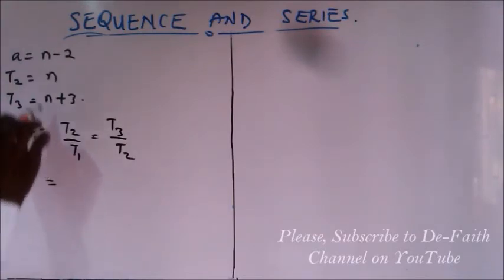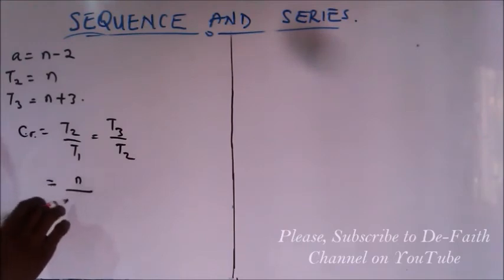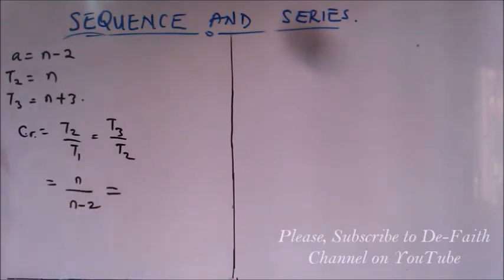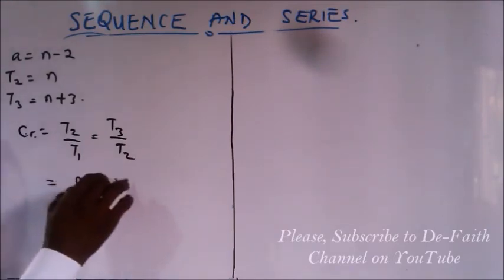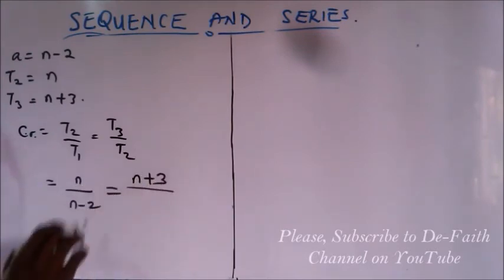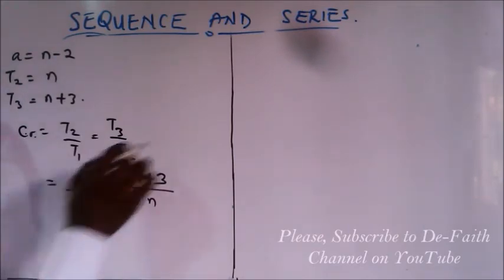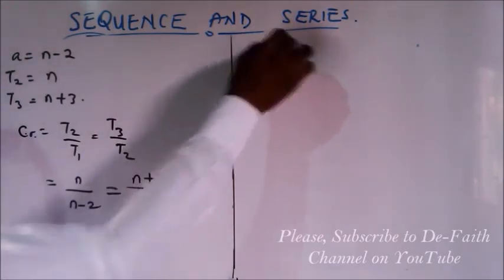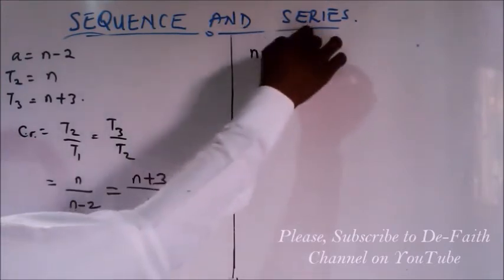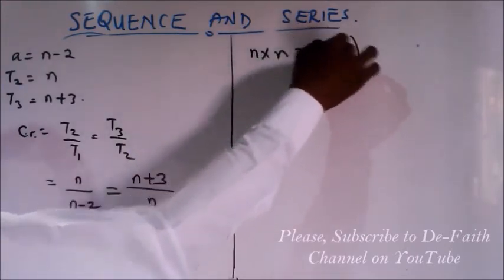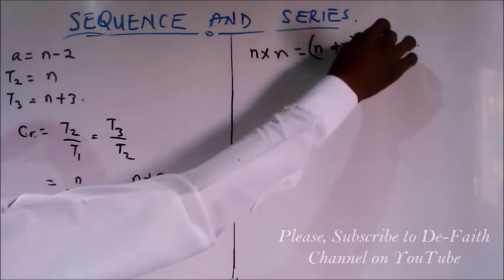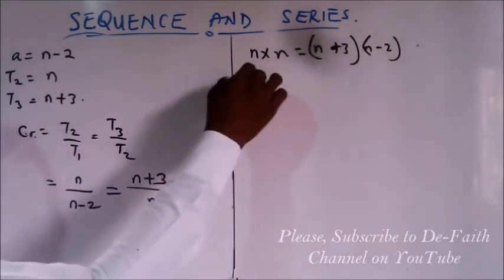And so our t2 is n and t1 is n minus 2 equal to t3, which is n plus 3, and t2, which is n. We'll cross multiply this, that is n multiplies n equal to n plus 3 multiplies n minus 2. N times n is n squared.